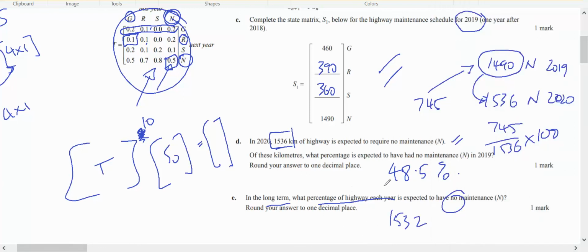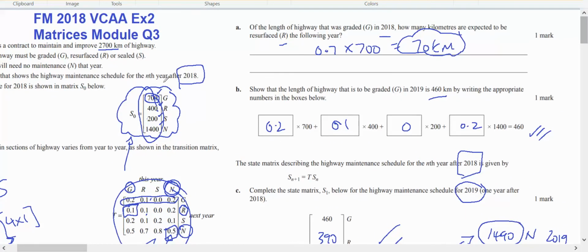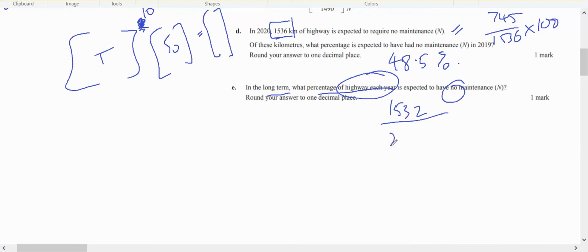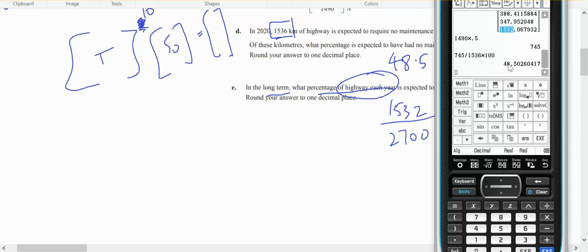So 1532, and I'm looking for the percentage of highway each year. What total do we have? 2,700, times 100 to give me my percentage. So I've got this number divided, and put that on top of a fraction. 2700 times 100.